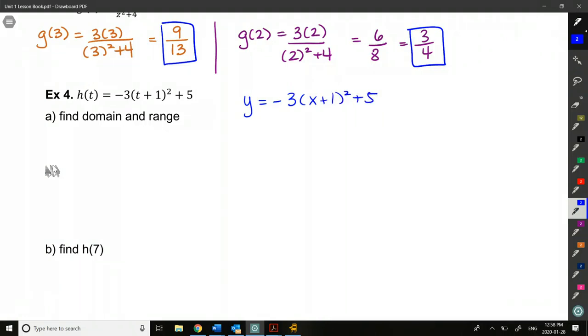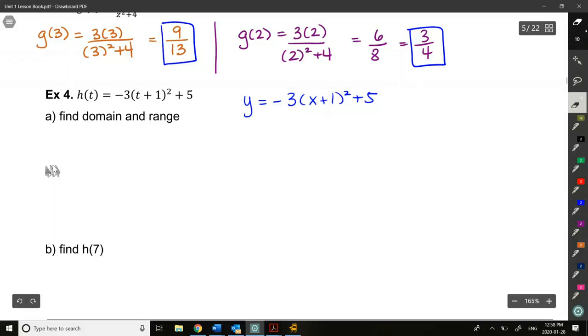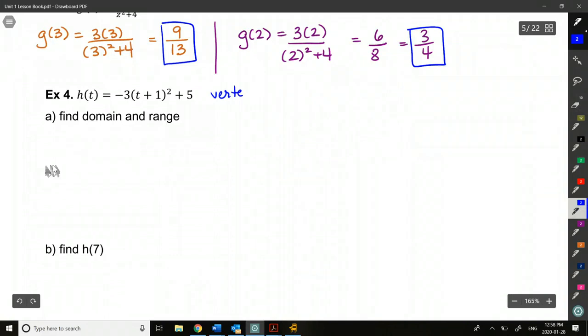What kind of function is this? Yeah, it's a parabola. And you guys learned 3 forms of a quadratic last year. Charles? It's in vertex form, yeah. So this is in vertex form, and it's also in function notation for us.